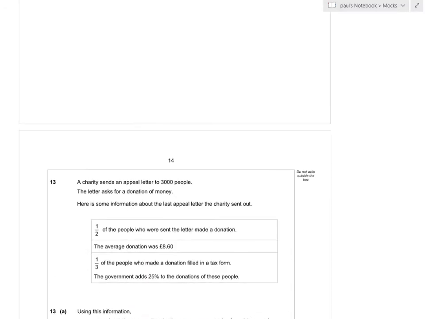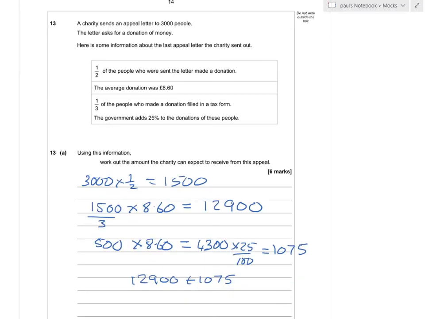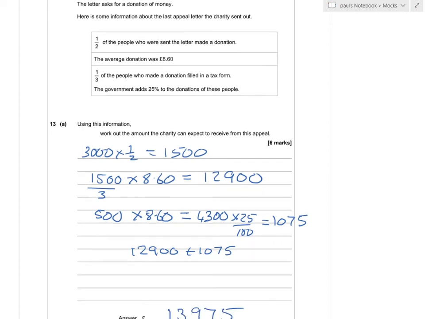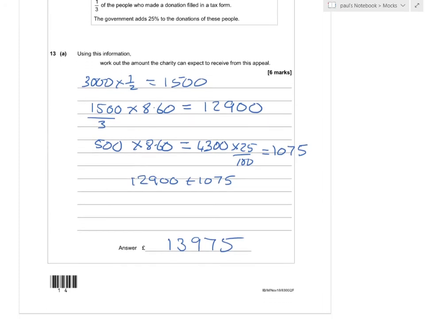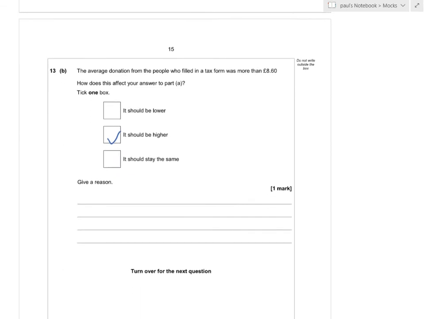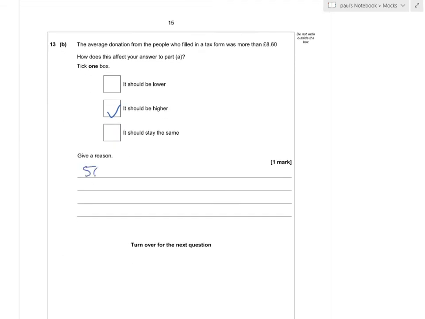It's obviously got to be higher. Oh, right. The average donation was £8.60. So there would be 500 people paying more than £8.60.